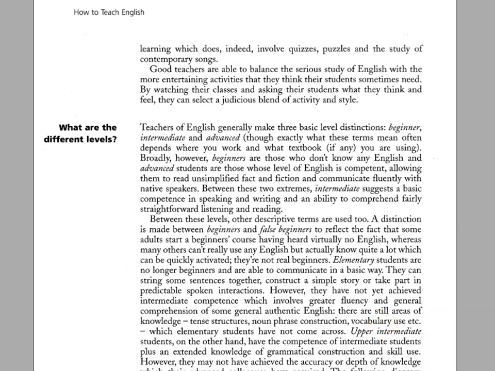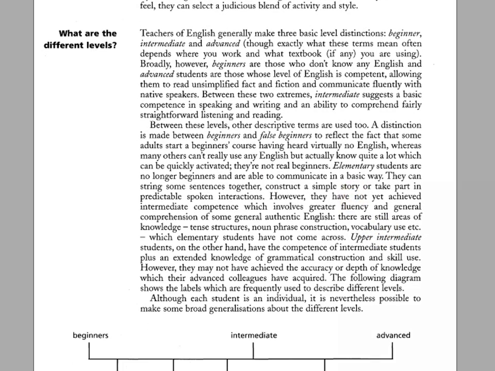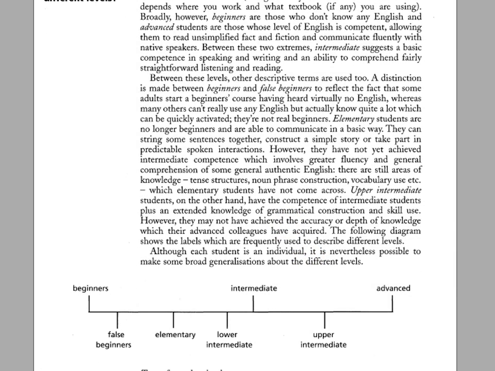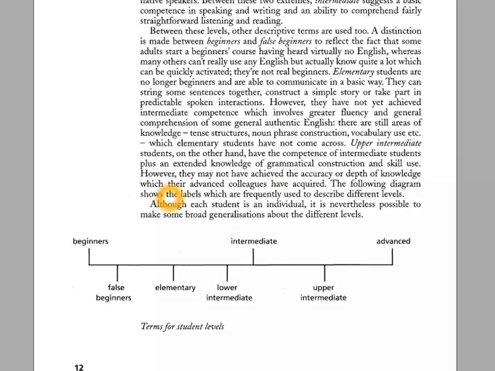We have here also elementary, upper intermediate, and you can see below how the British people or others describe the terms of student level. They give here beginners, false beginners, elementary, lower intermediate, intermediate, upper intermediate, advanced.